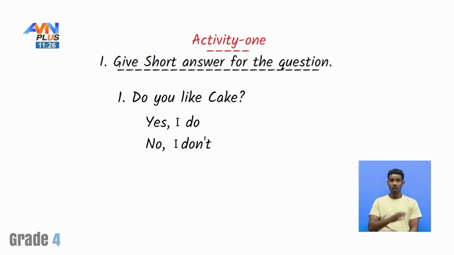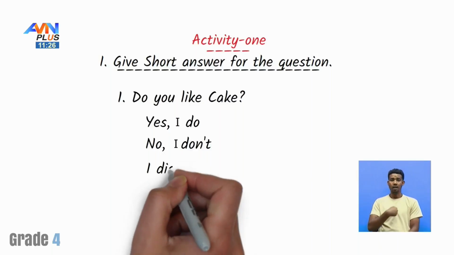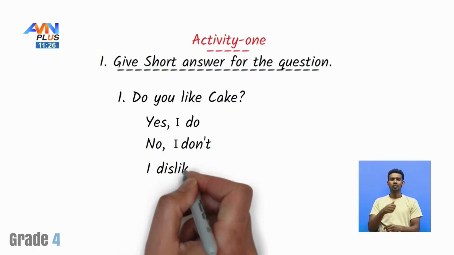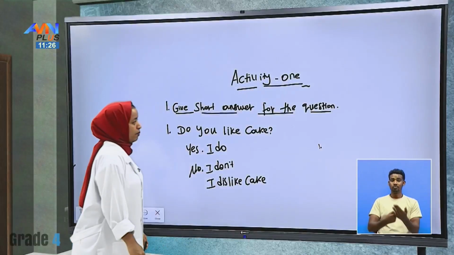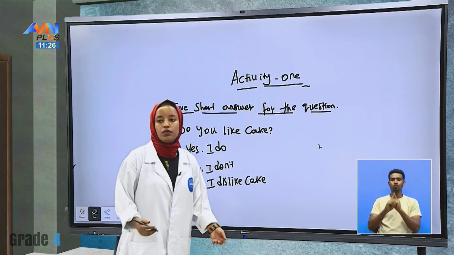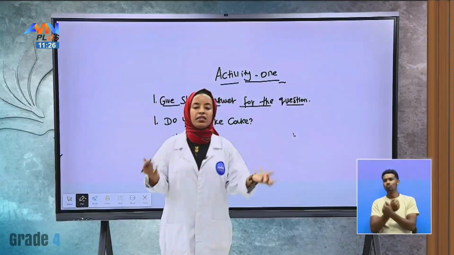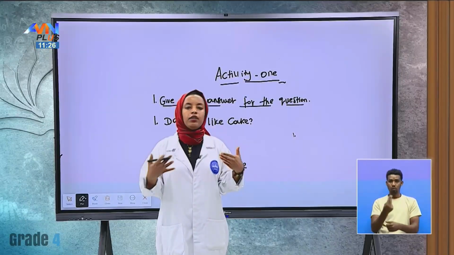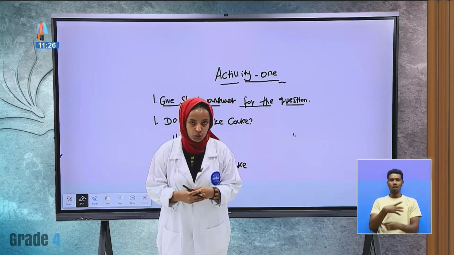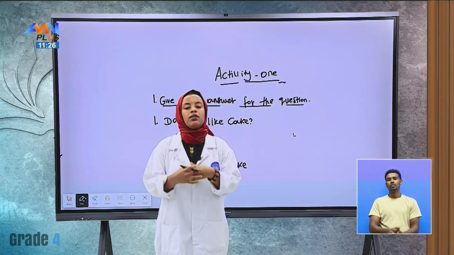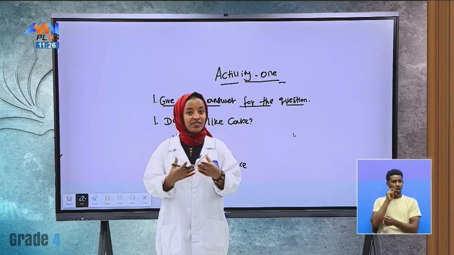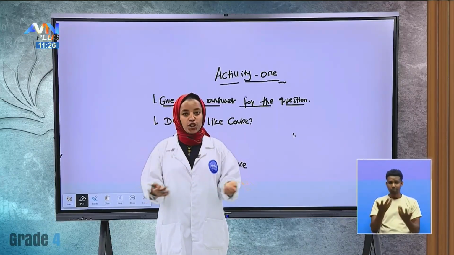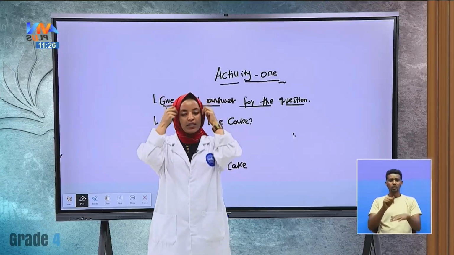And you can say, I dislike cake too. These are the methods of answering what you like or not, by using like, don't like. You can even say, I love chocolate. I love ice cream. You can mention what you like or not.